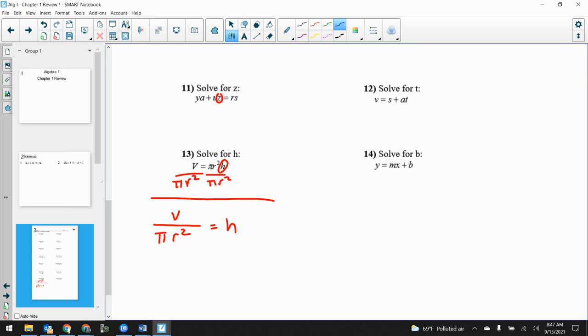So to undo that, I've got to start with my addition and subtraction. I subtract ya over to the other side. So that gives me uz is equal to rs minus ya. I'm still solving for z, so I divide by u over to the other side, and everything gets divided by the u. So z is going to be equal to rs over u minus ya over u. And that's my answer.